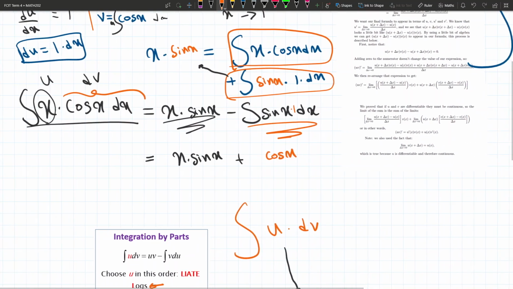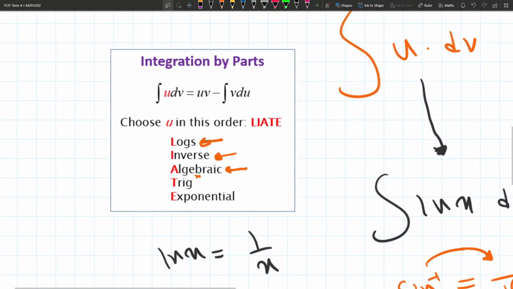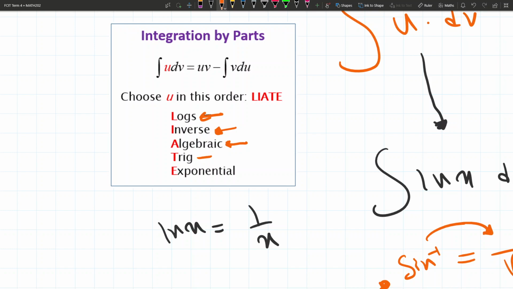And by the way, sometimes you need to use integration by parts multiple times to get the answer. Now trigonometric. It's simple to do trigonometric integrals, so you usually want to keep it for last. Like sine x, if you integrate that, it's just going to be negative cosine x. So it's not too hard to integrate trigonometric. So you want to leave it until you remove the hard things to integrate first.